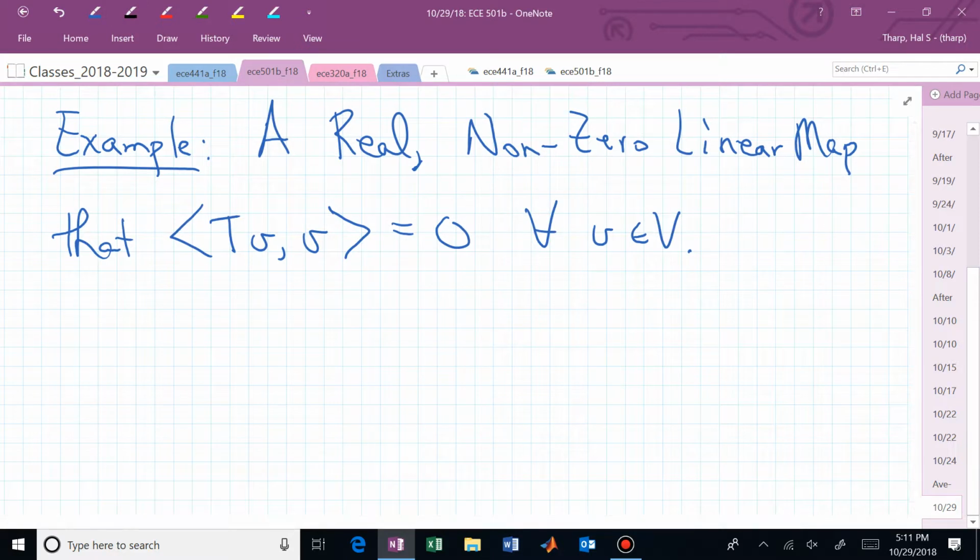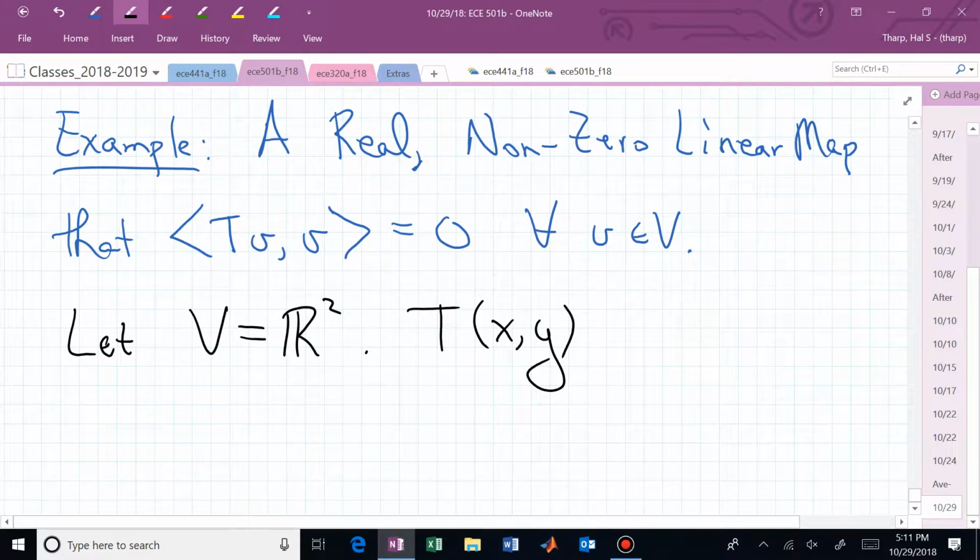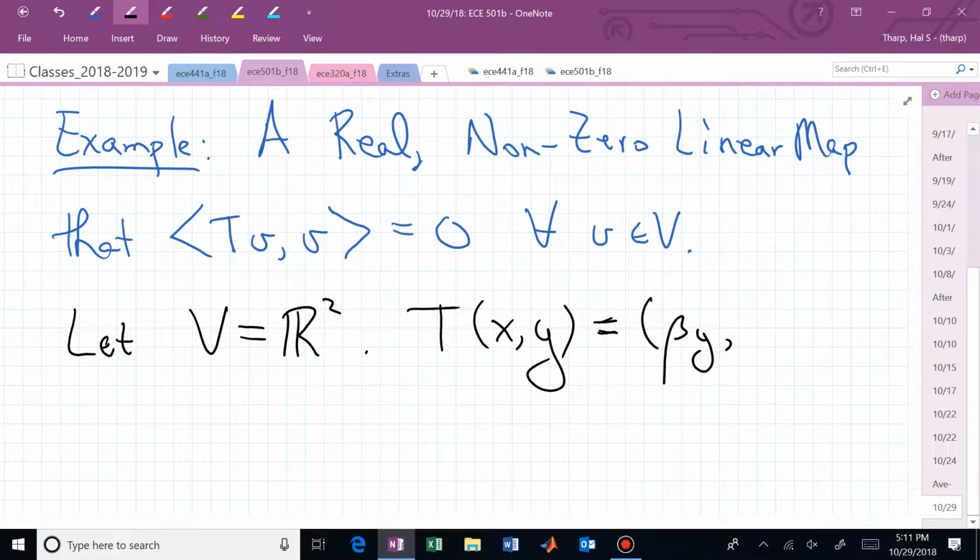So here it is. Let's now specialize this. Let's say that V is R². And let's say that our linear map T of (x, y) takes x and y, and the first component it creates is beta times y, and the second component is minus beta times x.